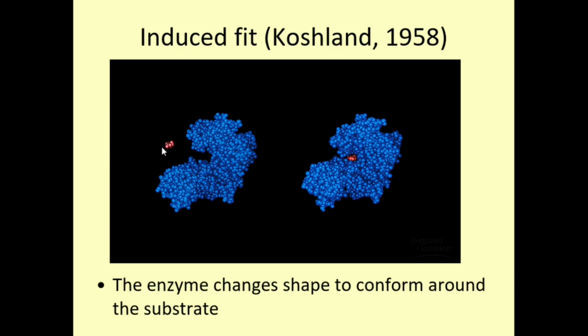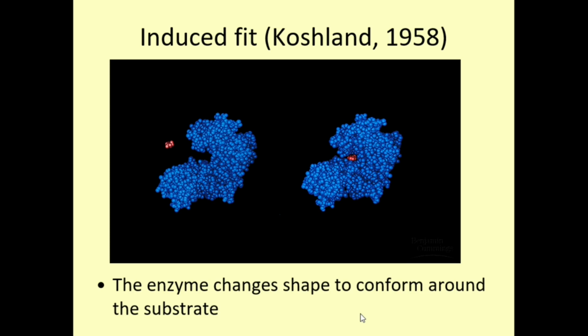And then this little red thing up here, this is our substrate molecule. So what will happen is the substrate will come along and it moves into the active site. And then something happens. And that is the enzyme will change shape around the substrate to make the enzyme substrate complex. The enzyme is changing its shape to wrap around the substrate.